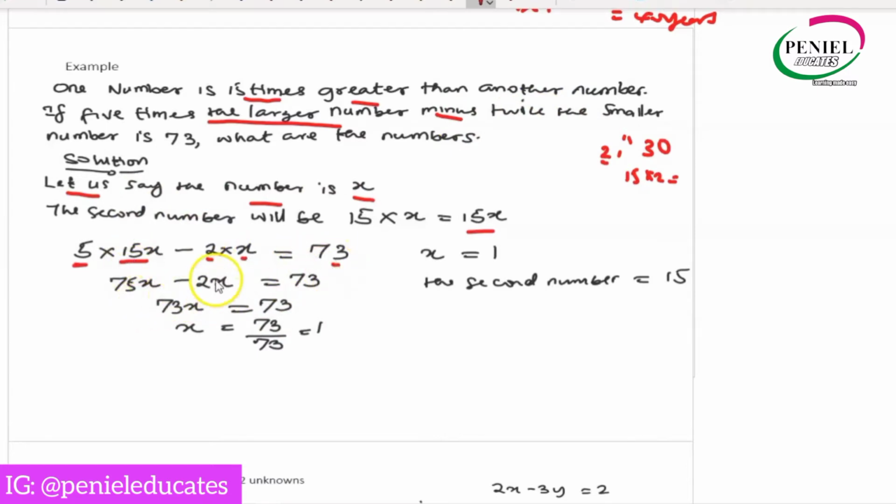Then 75x minus 2x is equal to 73, so 73x is 73, so x is 1. If x is 1, then 15x will be 15 multiplied by 1, so the second number will be 15. That is the answer.